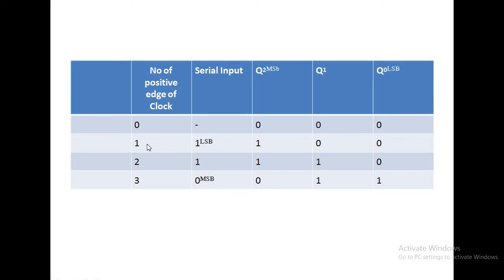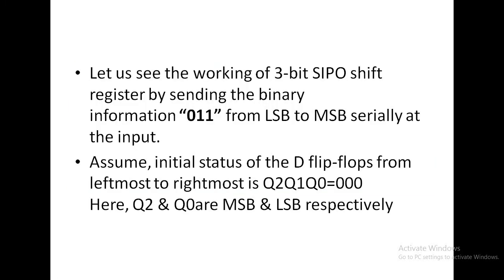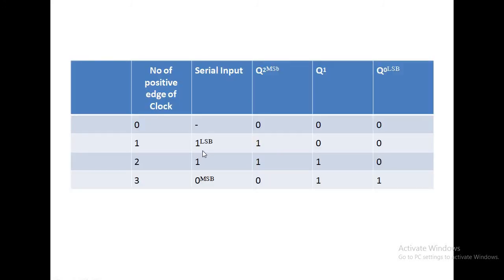First clock pulse: first LSB is 1, and the LSB is given to the first flip-flop. So 1 is here, 0 is shifted here, and 0 is shifted here. Then again 1 comes, so at Q2 this is 1, this is 1, and 0 is given here.